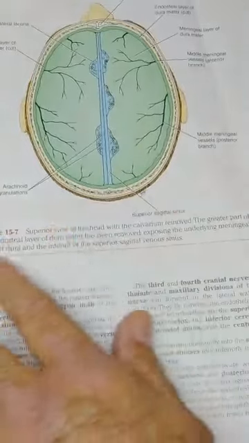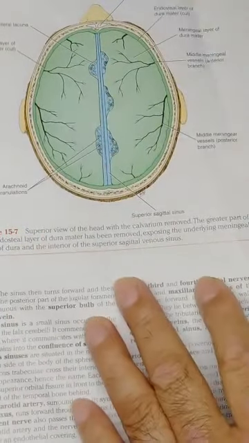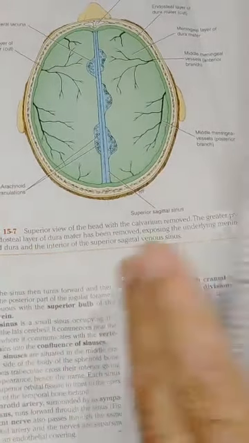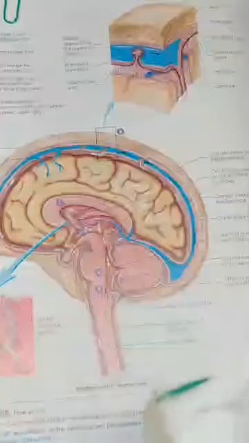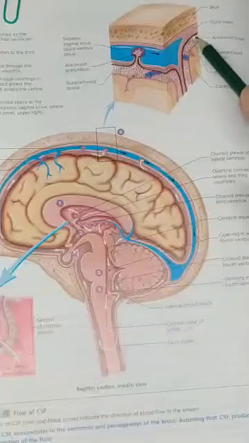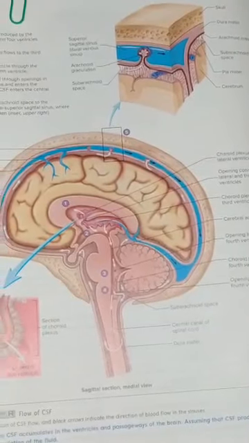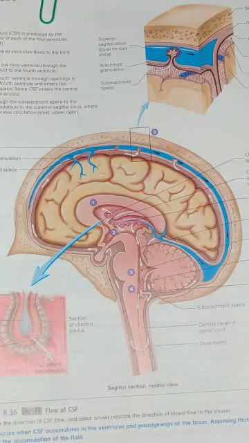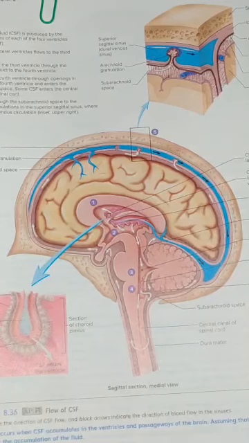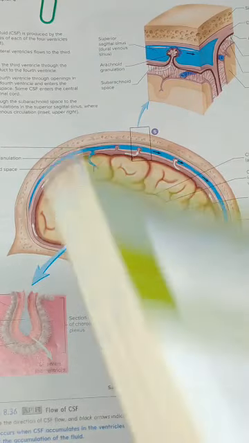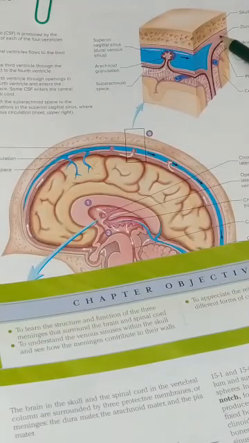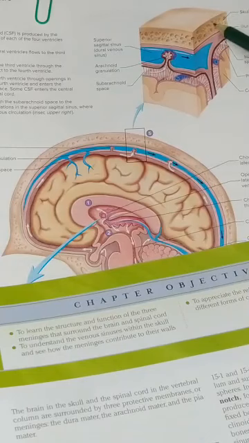Now this is the outermost covering, the Dura Mater, in the brain. This is the Dura Mater, the outermost covering of the brain, and this is the skull here.